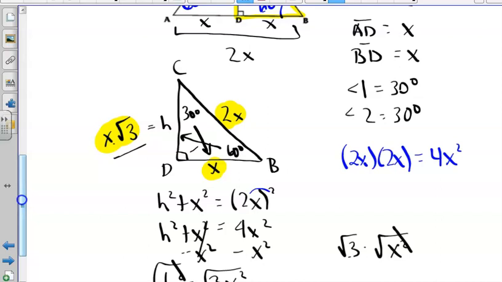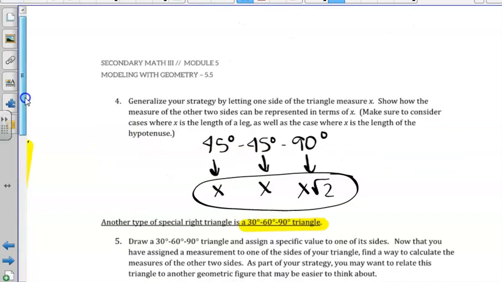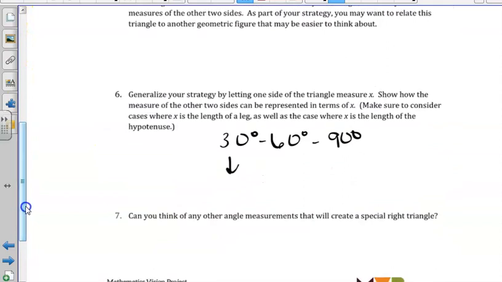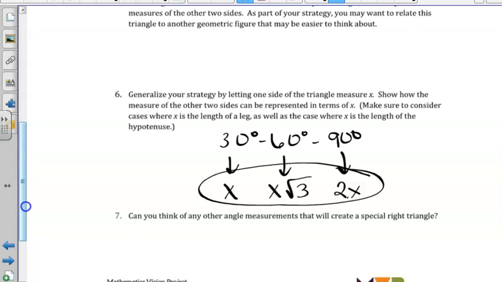And opposite the 90 degrees is always a length of 2 times x, or 2 times the shortest leg in the right triangle. So our relationship: opposite 30 degrees is x, opposite the 60 degrees is the leg times root 3, opposite the right angle, or the 90-degree angle, is 2x. This is the relationship in a 30, 60, 90-degree triangle.